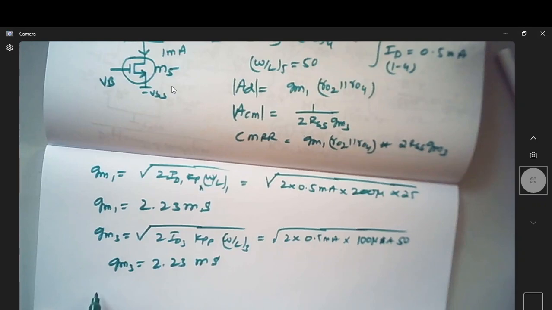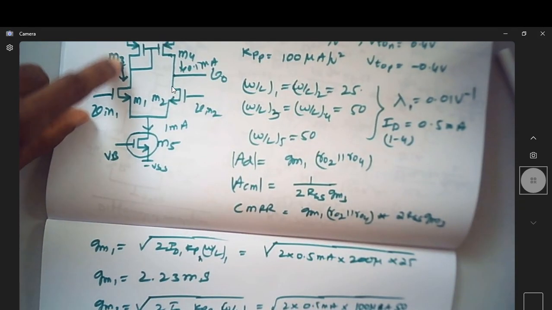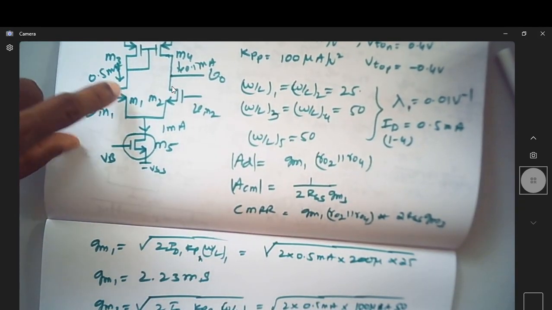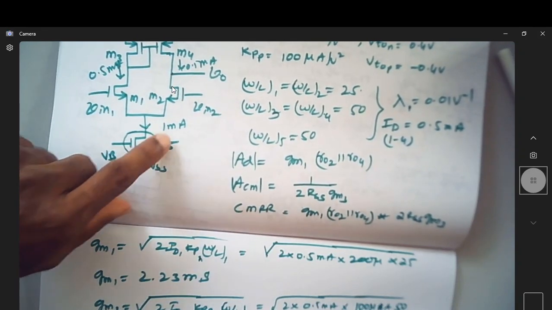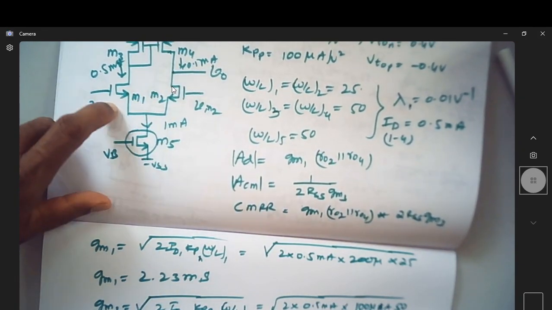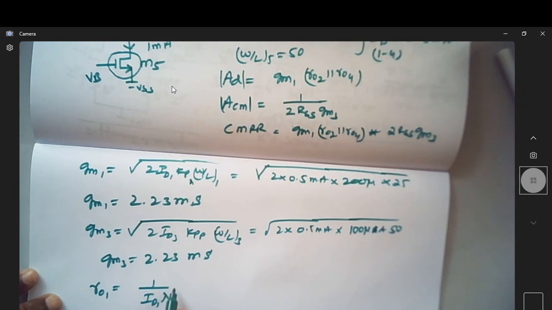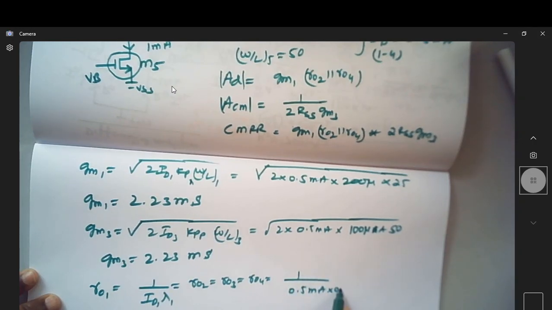Now we need to find out what is R01, which is nothing but 1 over ID1 into lambda 1. Since we know that these transistors, M1, M2, M3, M4, will have the same current of 0.5 milliampere and their lambdas are 0.01, R02 is equal to R03 is equal to R04, is equal to 1 over 0.5 milliampere into 0.01, because this is ID and this is lambda.